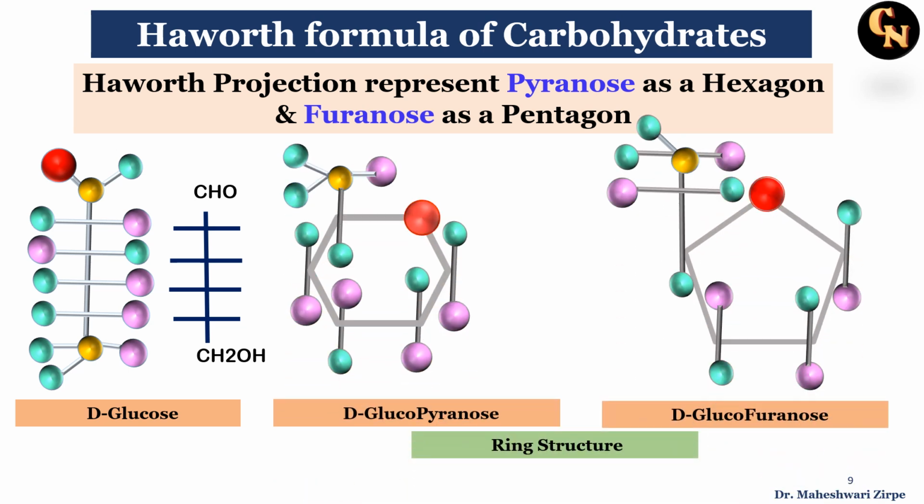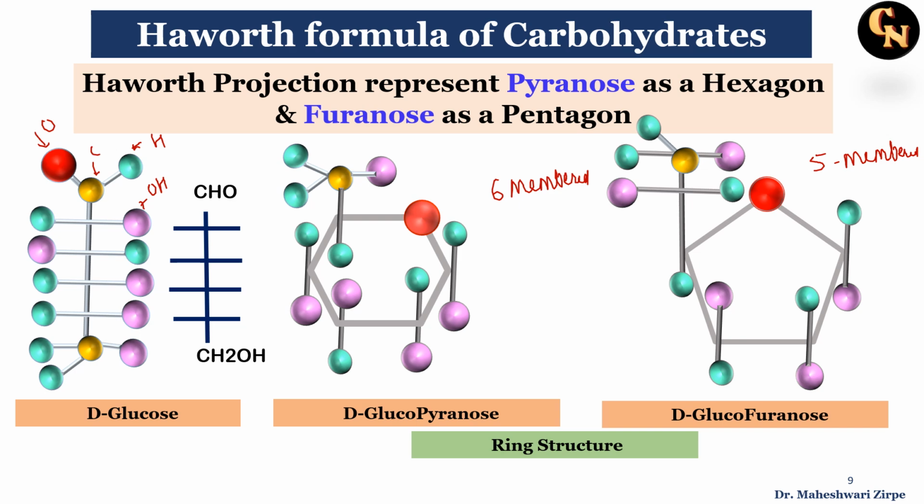Okay. So here I have drawn one D-glucose. I have shown the pyranose as well as D-glucofuranose. So this is your 6-membered ring, and this is the 5-membered ring. If you see here, the pink ball indicates OH group, the green ball indicates H. This is your oxygen. The yellow ball indicates carbon.